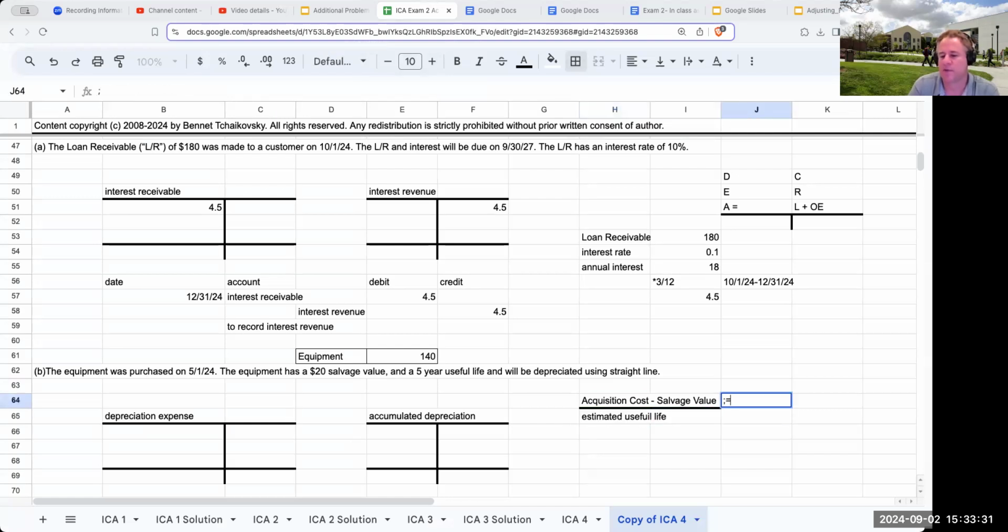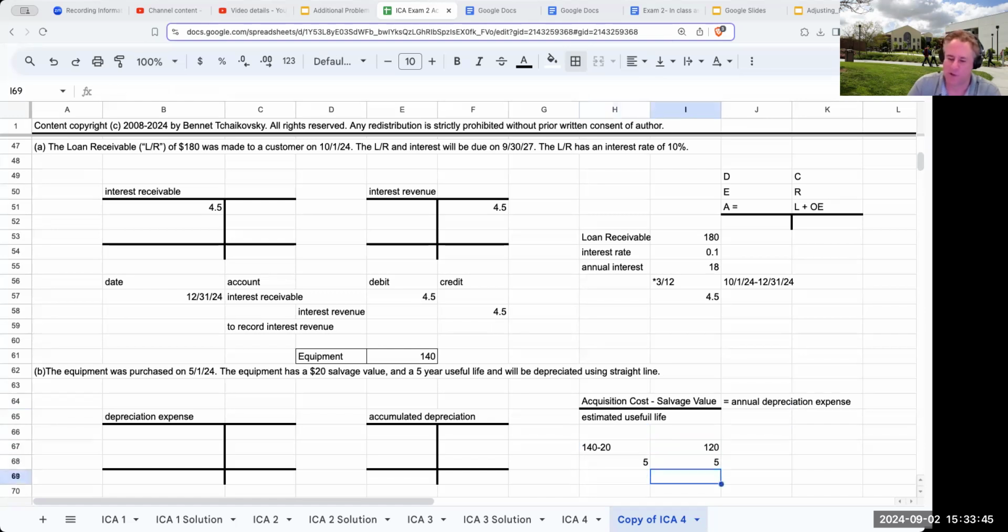And this is going to give me my annual depreciation expense. So my acquisition cost was 140. It has a salvage value of 20, 5-year useful life. This is going to be 120 divided by 5, or over here, 24,000 is going to be my annual depreciation expense.